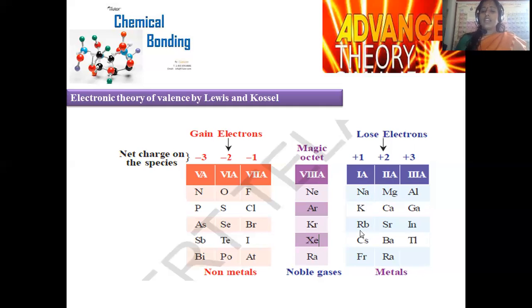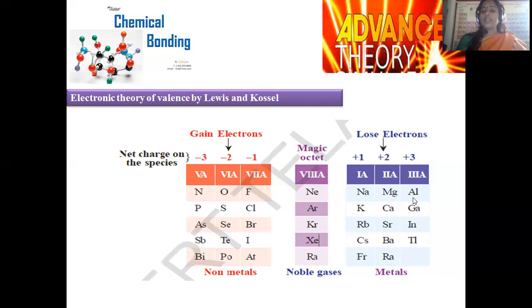Sodium, potassium, rubidium, cesium, and francium are the alkali metals, and with the loss of one electron an octet will be achieved. And the second A group, also known as alkaline earth metals: magnesium, calcium, strontium, barium, and radium, loss of two electrons will give stability to these atoms or elements, so that they are dipositive in nature in general.